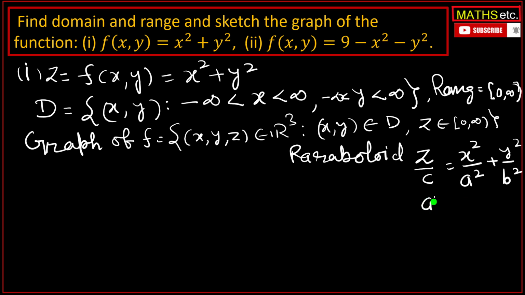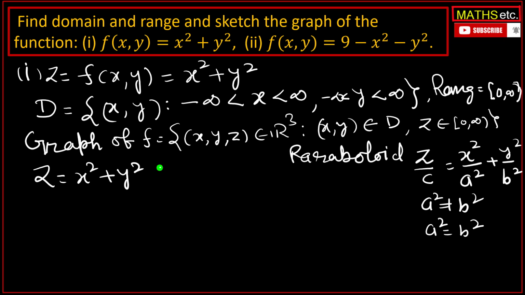When a squared does not equal b squared, this is called an elliptic paraboloid, and when a squared equals b squared, it is called a circular paraboloid, because the right hand side becomes that of a circle. So ours is a circular paraboloid.